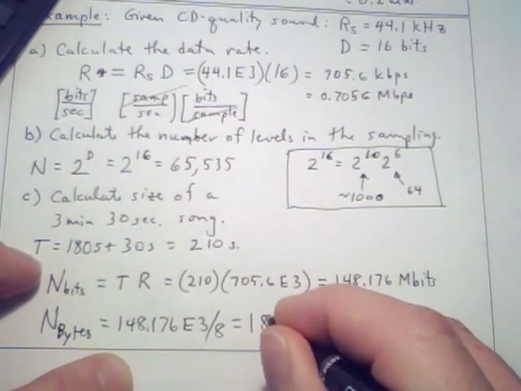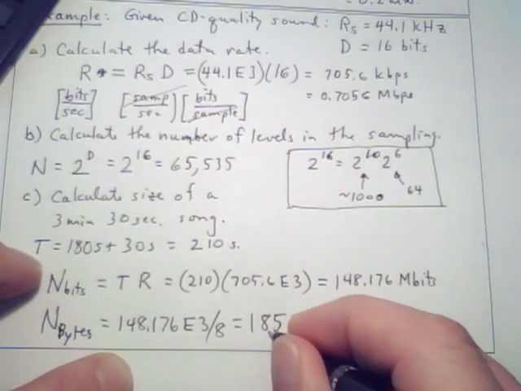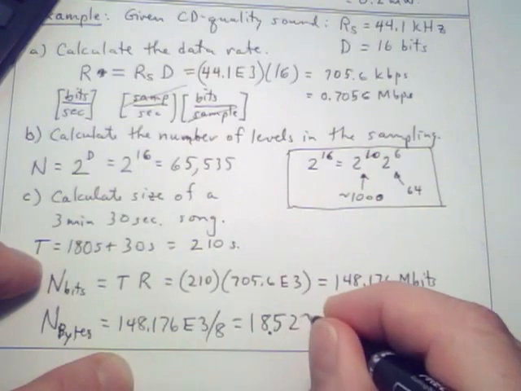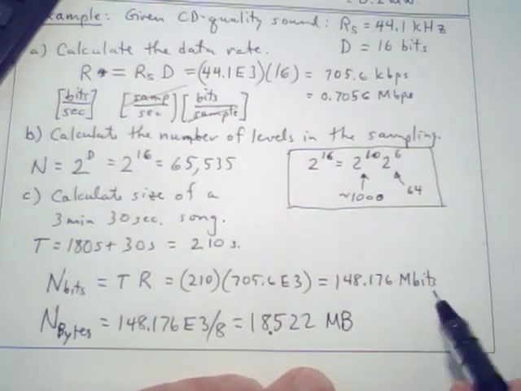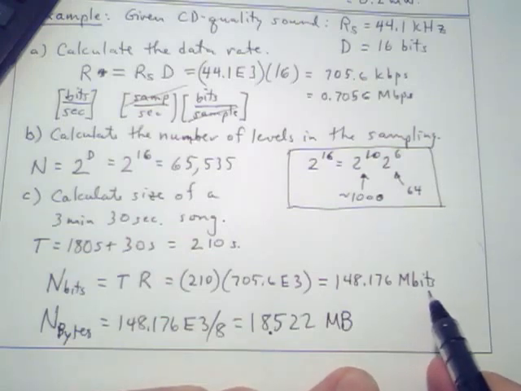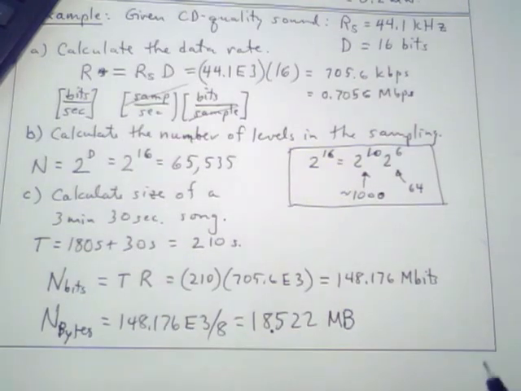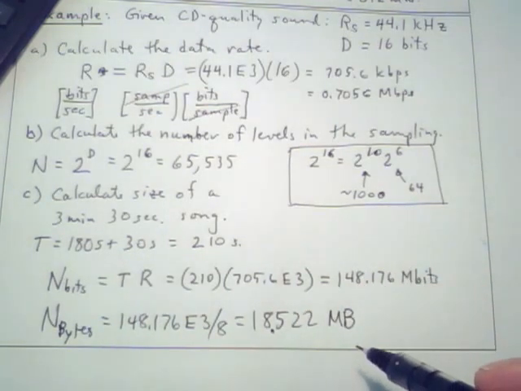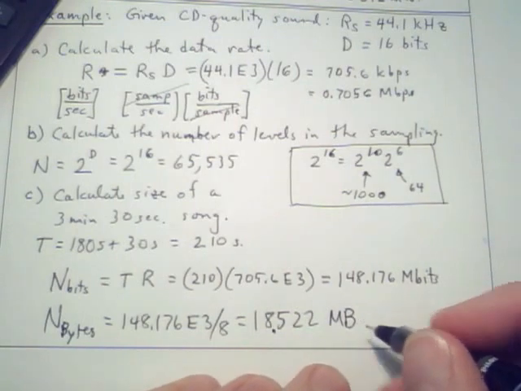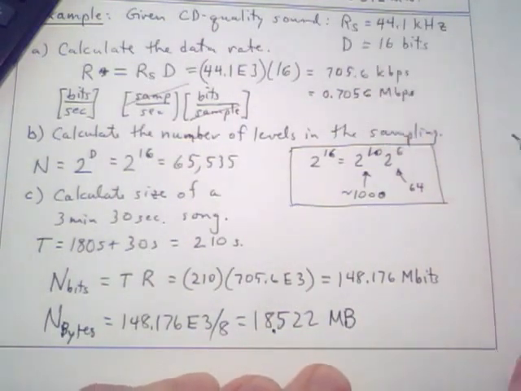Notice I use a little b for bits and a big B for bytes. Okay, so that's for a 3-minute 30-second song, and that's for just one channel. We haven't done stereo here.